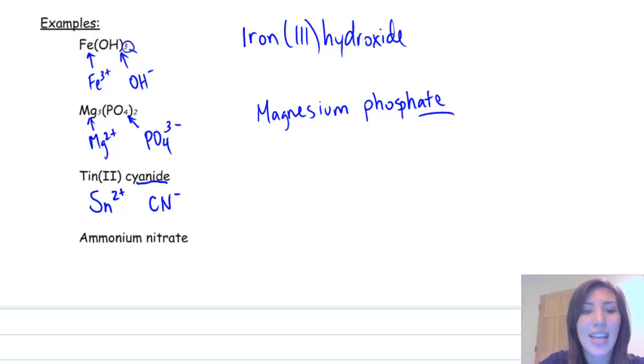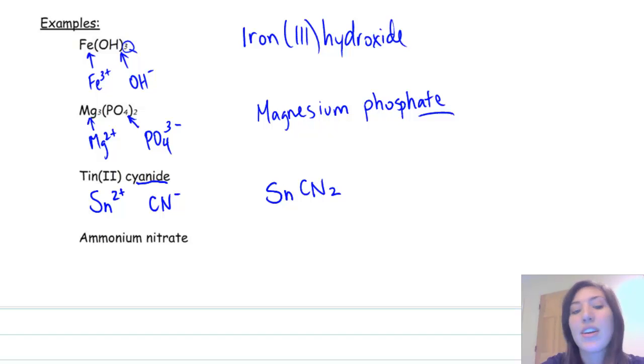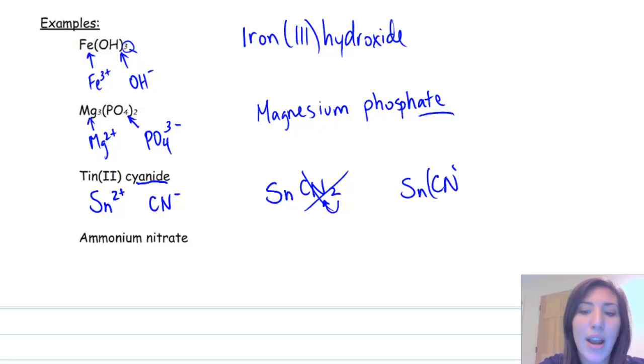So cyanide is CN minus. So if we do that crossover method, Sn, we don't have to write that secret 1, and then CN2. Now we do need to use brackets here, because if we don't have brackets, this 2 is only referring to the N, and that's wrong. So we have to say Sn, tin, and then CN with brackets. The 2 then applies to both the N and the C if it's in the brackets.